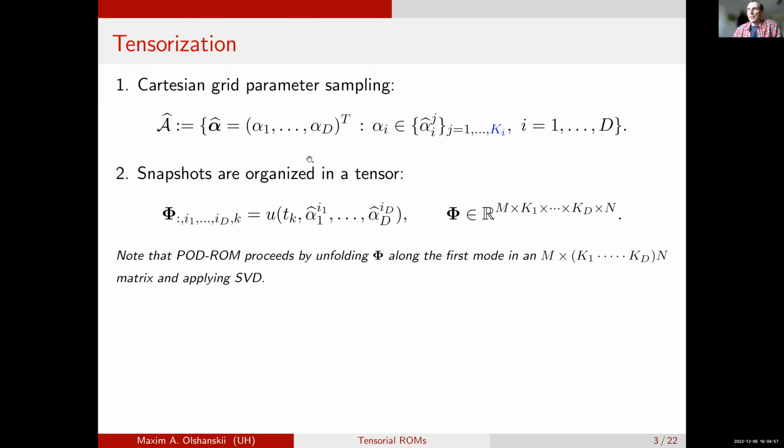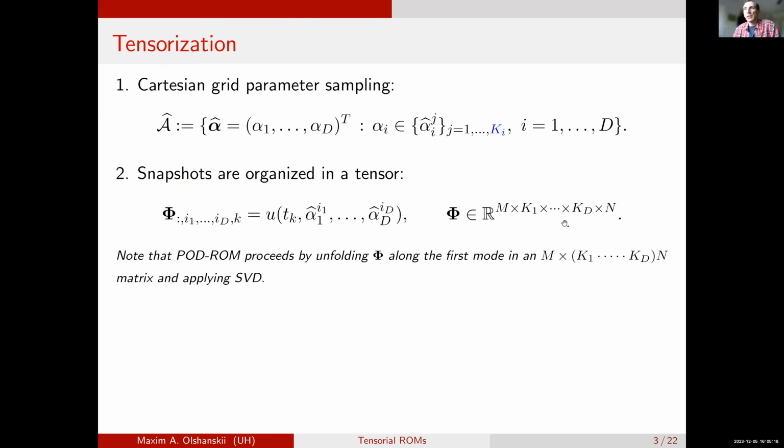Then it's natural to organize snapshots in a tensor, which will be a d+2 tensor. We have d directions in the tensor corresponding to each of the parameters.